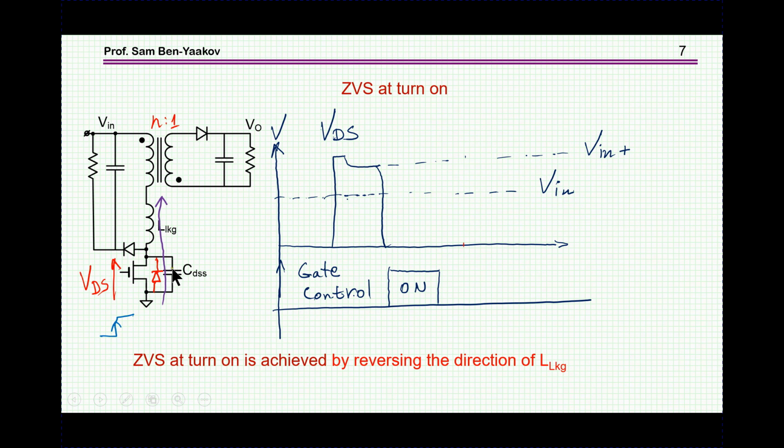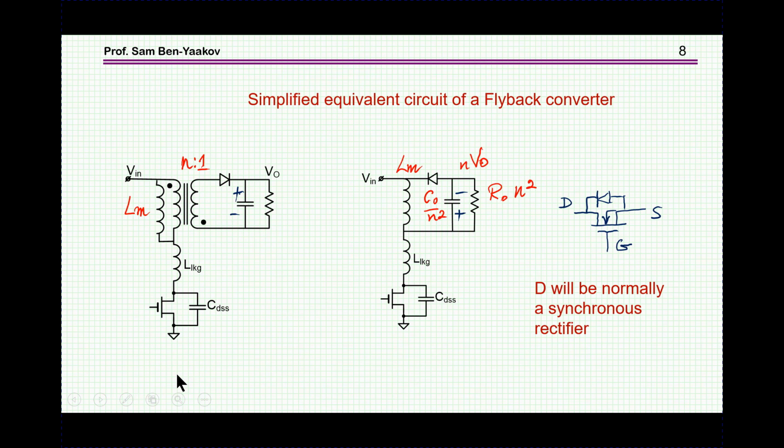As the diode is conducting, we're turning on the transistor here at zero voltage switching, which is very nice. So the dual purpose of an active clamp would be, first of all, to recycle the energy here, and secondly, to somehow design the circuit so that it will achieve zero voltage switching.